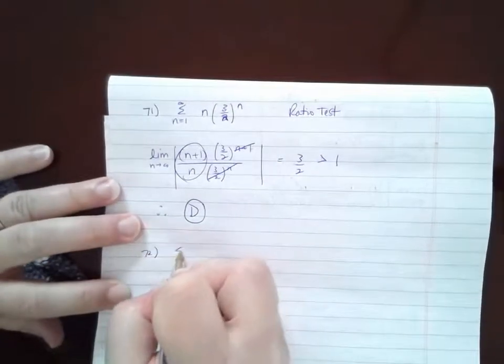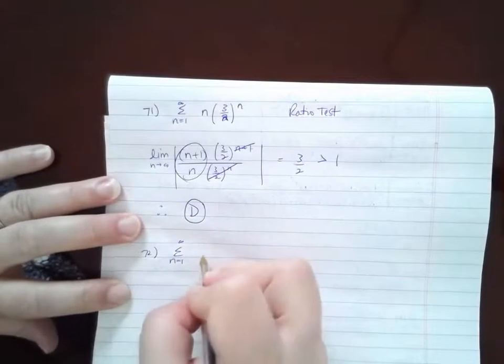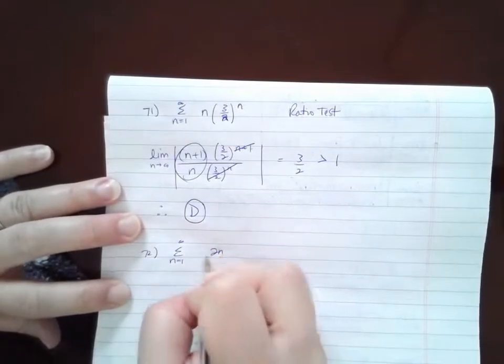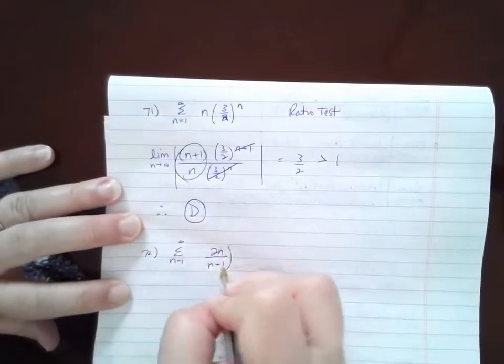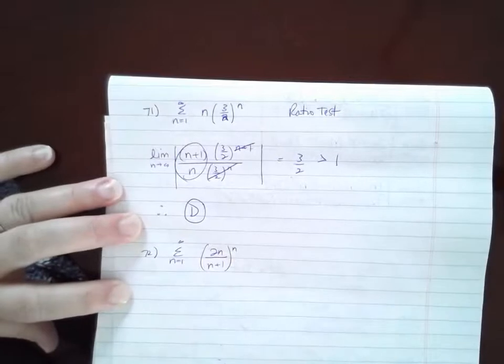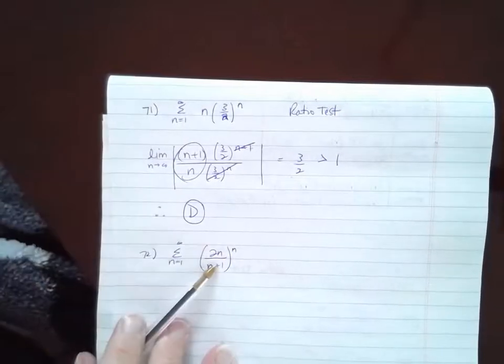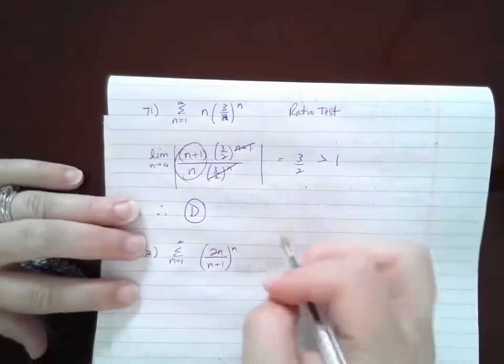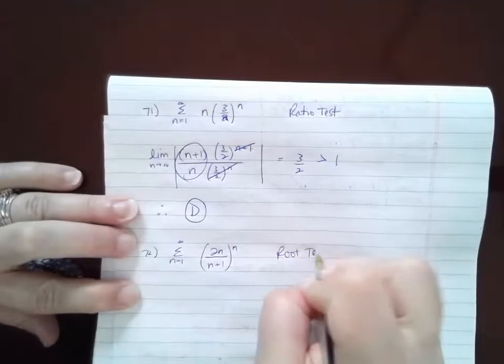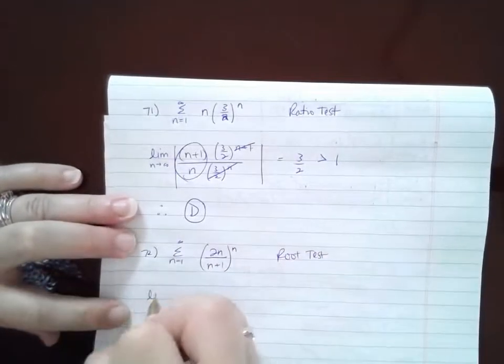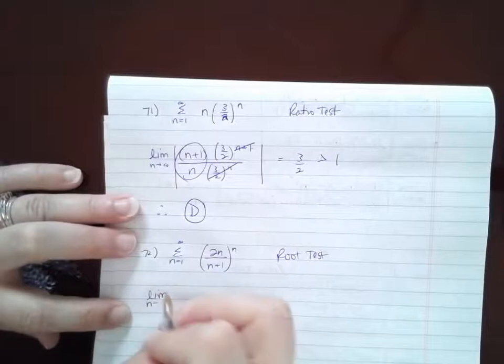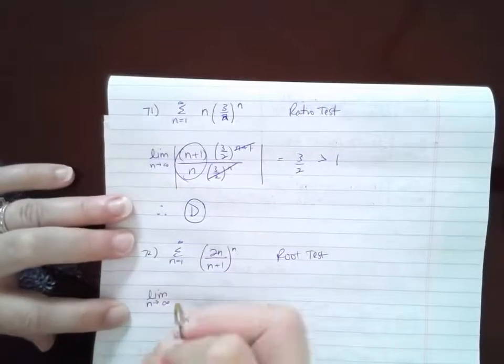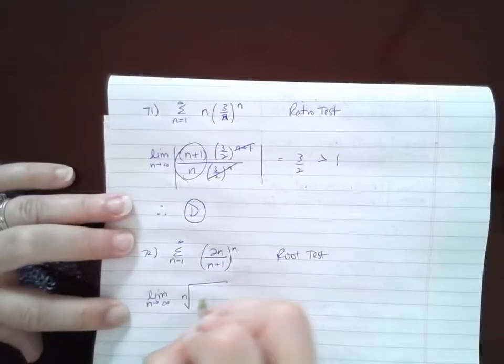72. Here's an example of where the entire operation is raised to the power of n, so I would do the root test. The root test has the same criteria values as the ratio test, but the approach is to take the nth root of what you see.